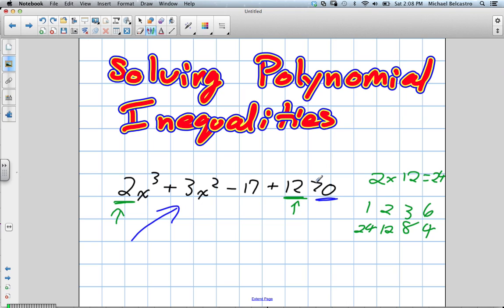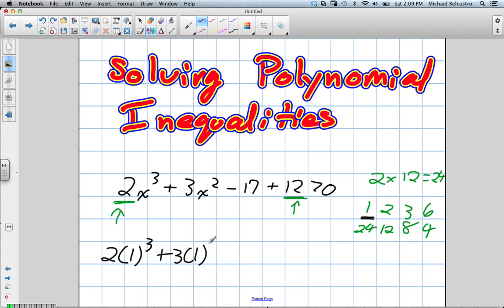Okay, so we're going to switch this. We're going to say when it equals 0, because that's going to help us with the factoring. If we plug 0 in, we know that doesn't work. So the very first one we can try is 1. When x is 1: 2 plus 3 minus 17 times 1 plus 12.